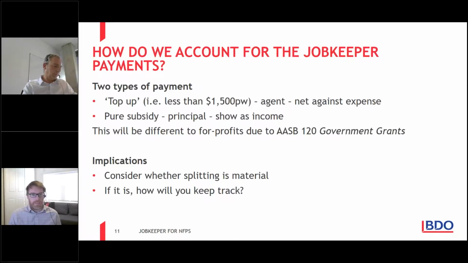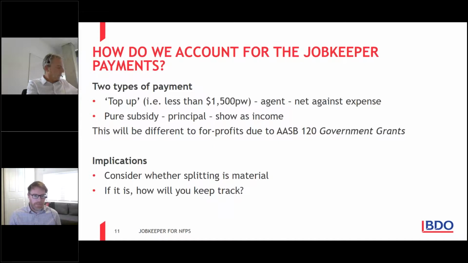So that may change the accounting treatment given the principal versus agent comparison. Principal versus agent being if you're not at risk, you can net the payment, the $1,500 that you receive, against the expense that you incur, so that you show actually no impact at all in your financial statements.